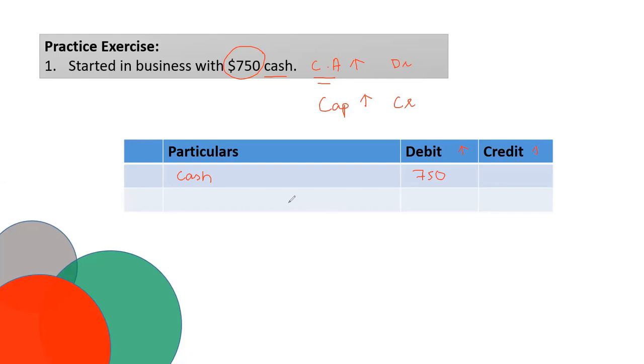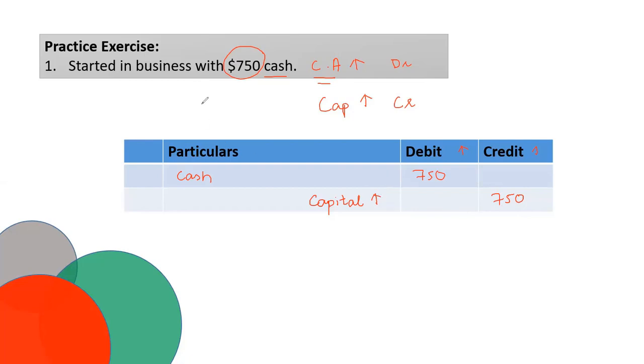So here, capital, $750 as a credit entry. Our capital is increasing, capital is a credit entry, and it will increase by the $750. So that's it. It is very easy.